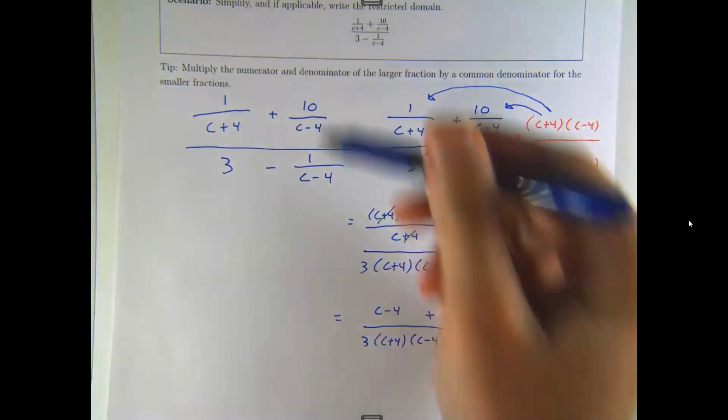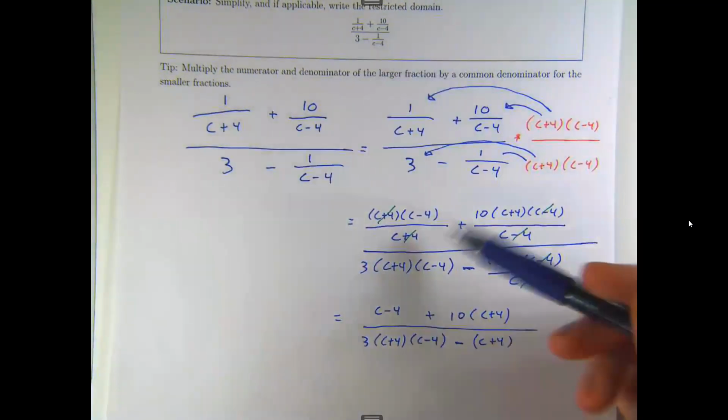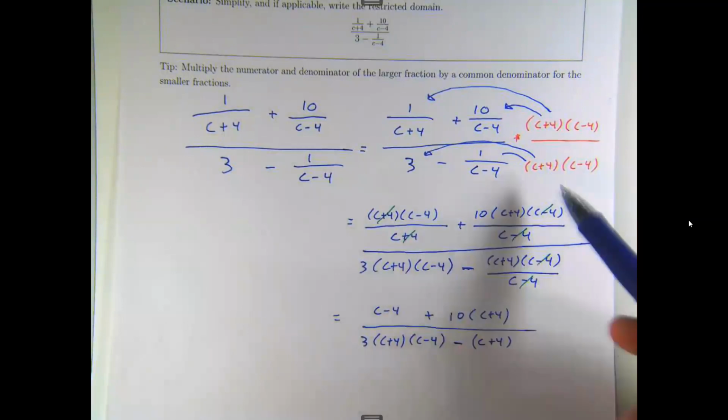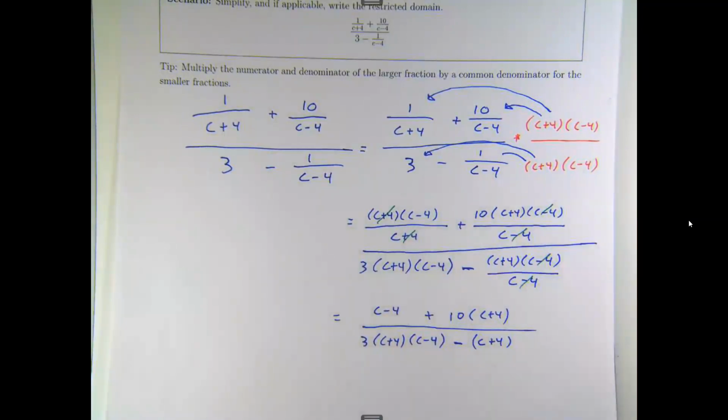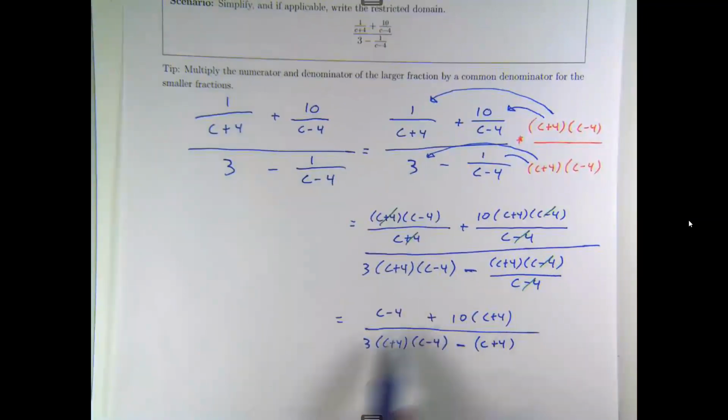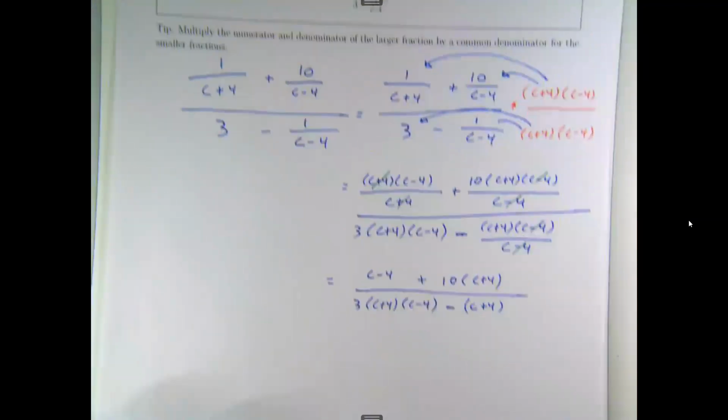I no longer have the stacked fraction. Things certainly got messy, but I was able to cancel out a lot of that mess, and I'm left with this expression. So what I have left to do here is to multiply things out, combine like terms, and maybe I can make some cancellation.